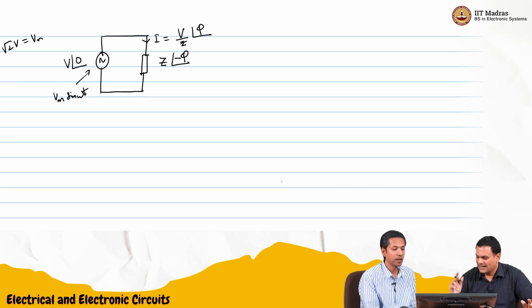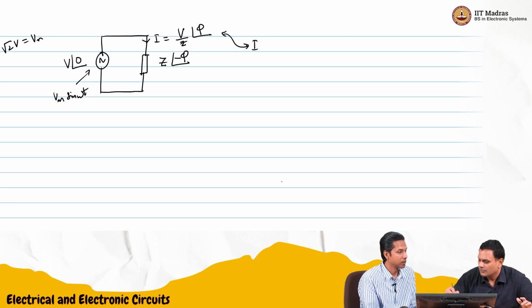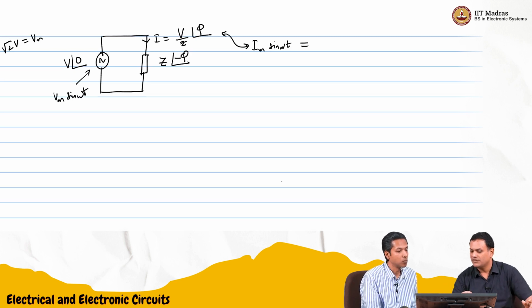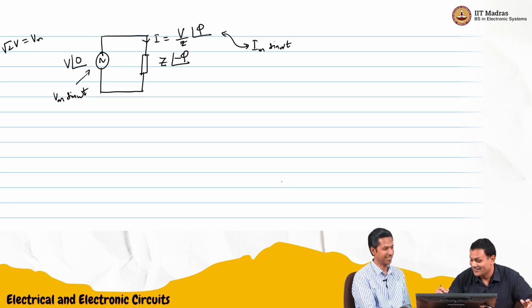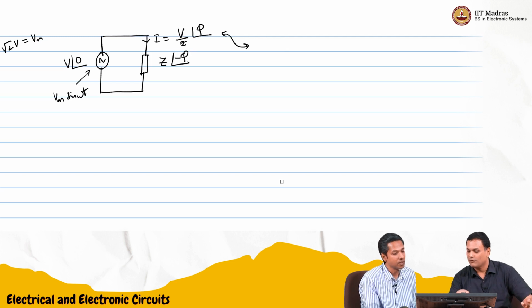And I in time domain is basically Im sin omega t plus phi. So maybe we should be careful in how we write this.